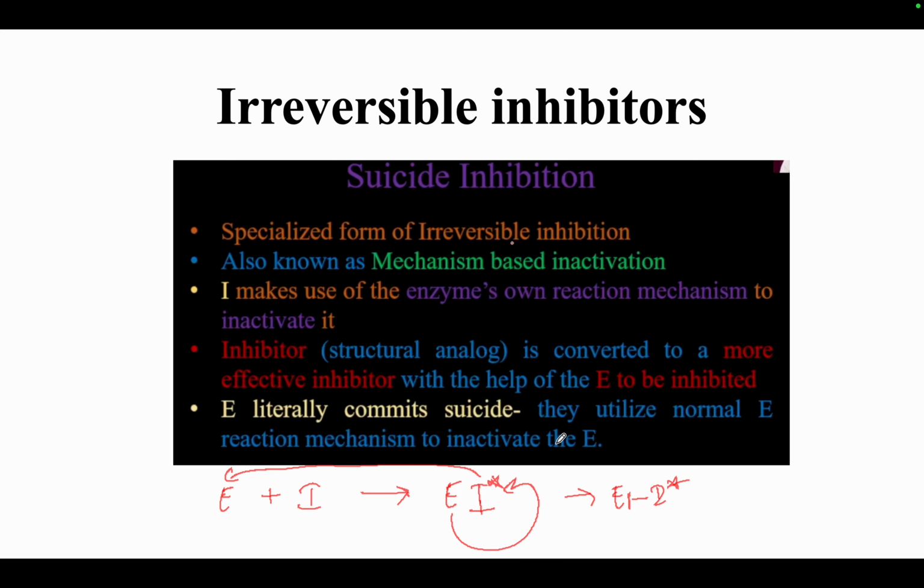That means that in the same mechanism as the enzyme interacts with the substrate, the enzyme interacts with the inhibitor and modifies it, and this modification leads to a special function, which is that it will inhibit the enzyme. So basically the enzyme itself is modifying the inhibitor, and then the inhibitor is killing the enzyme, so that's why the name suicide inhibitors.